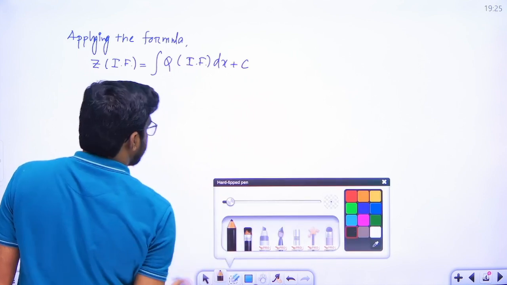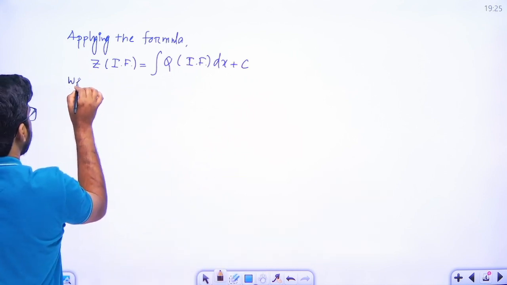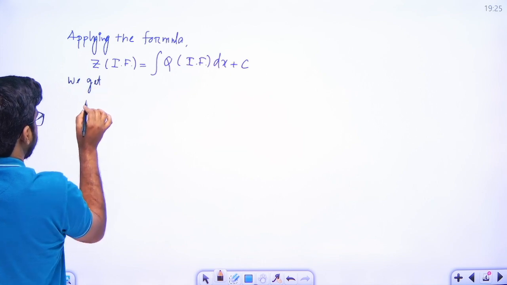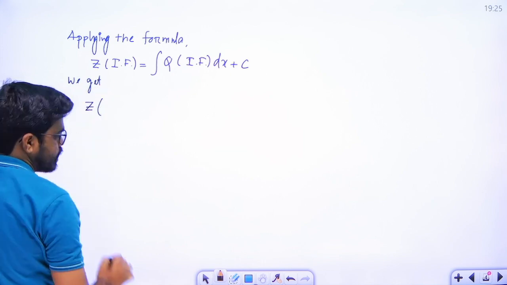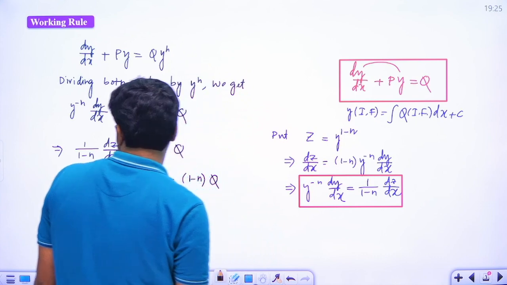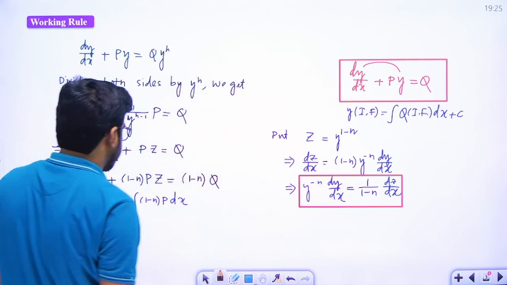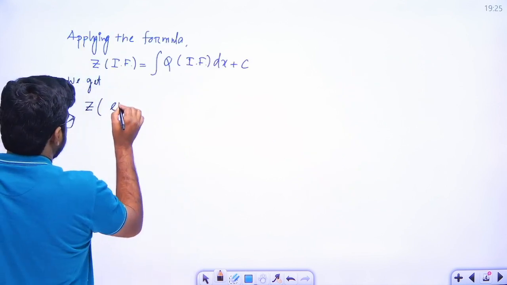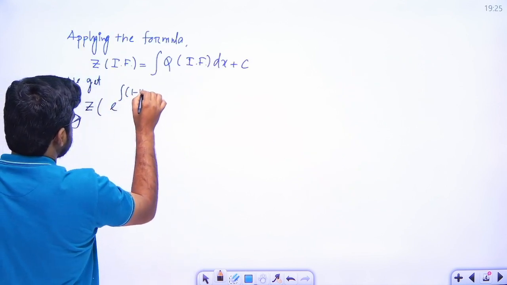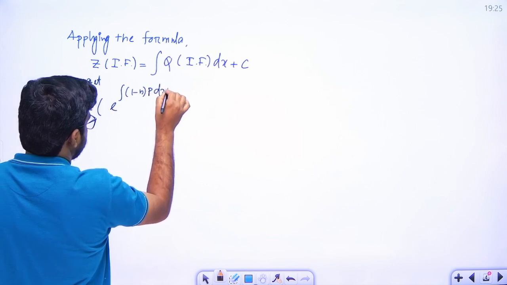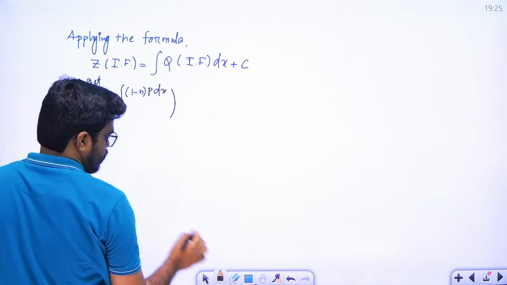So what we get? We get z into integrating factor. So what is the integrating factor? E to the power integration of (1 minus n) into p dx. So this is the integrating factor, right?